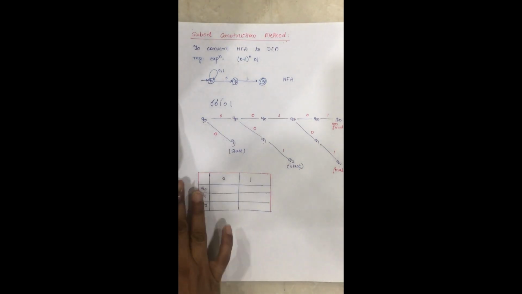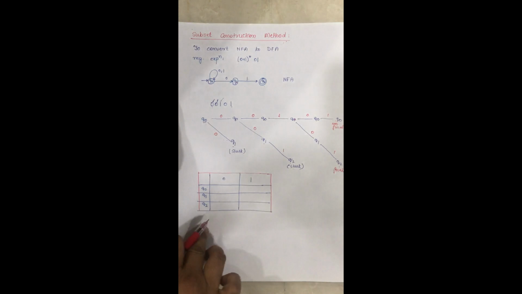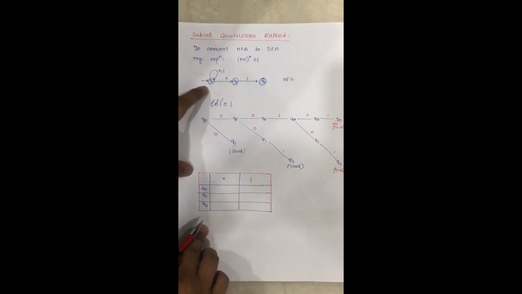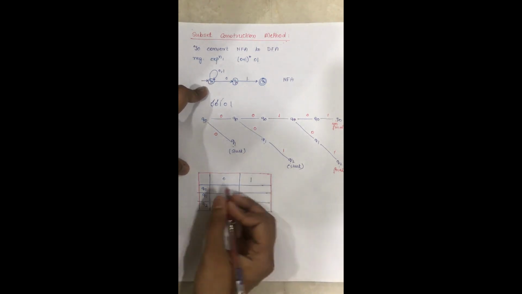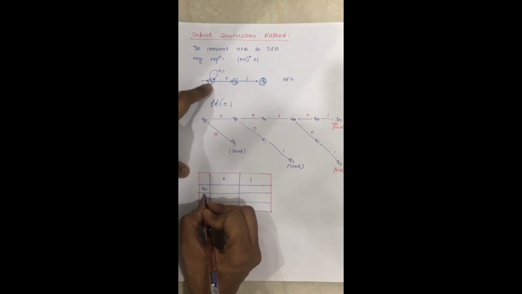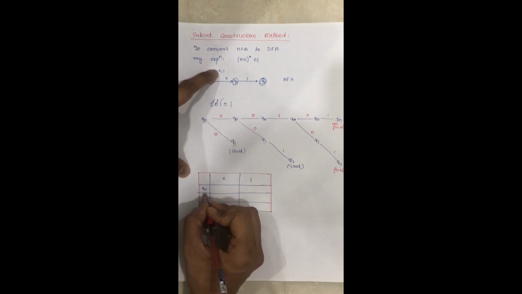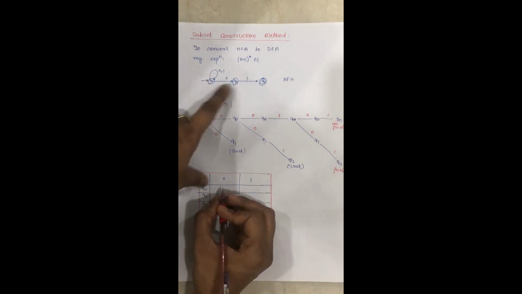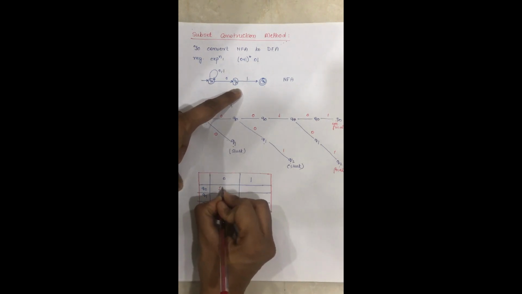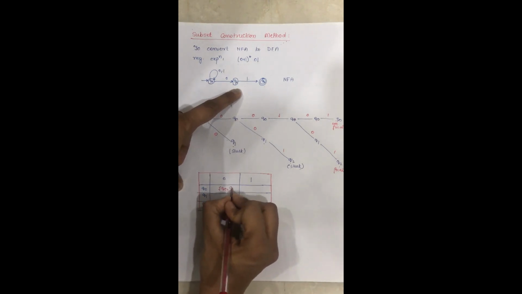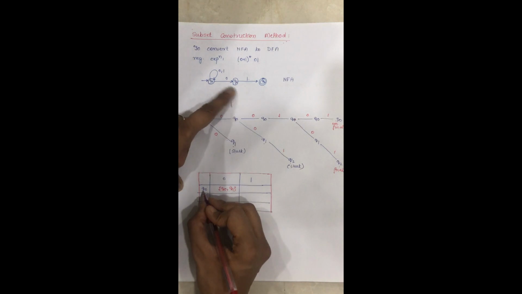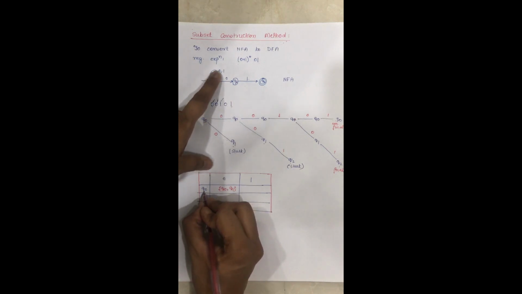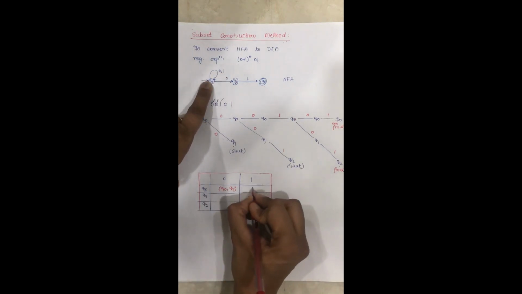So we can plot the transition table for this given NFA. We can easily plot the transition table. At state Q0 for input symbol 0, the next states are Q0 and Q1. So here we can write Q0 and Q1. Now at state Q0 for input symbol 1, the next state is Q0.